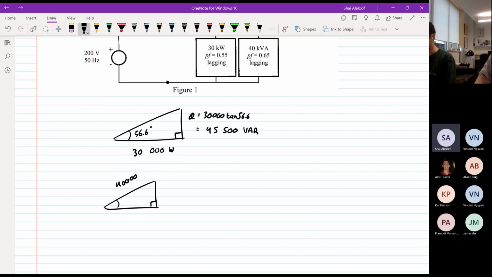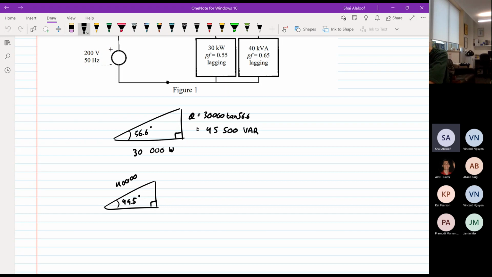If I do cos inverse of 0.65, I get 49.5. Hope everyone's following me. All I've done is draw the two power triangles for the loads separately, and then I'm going to combine them.